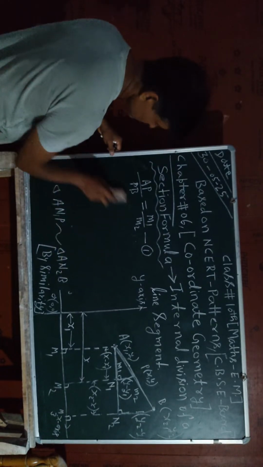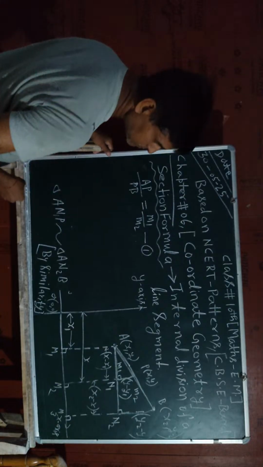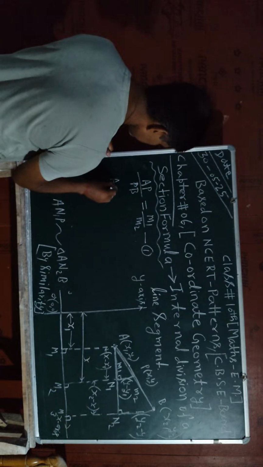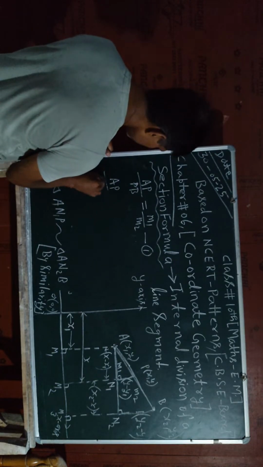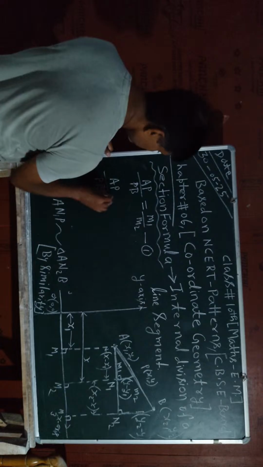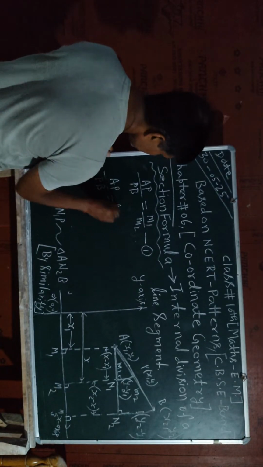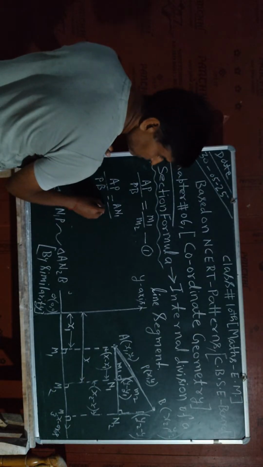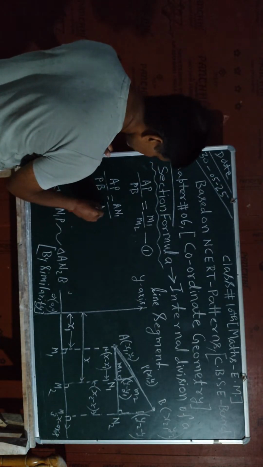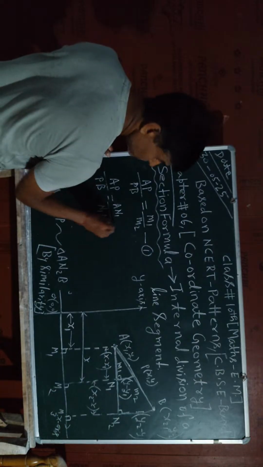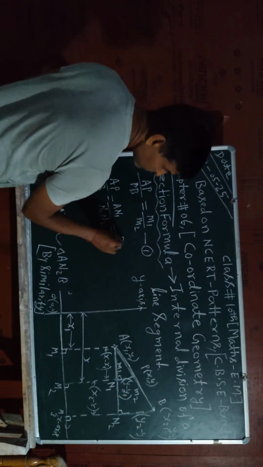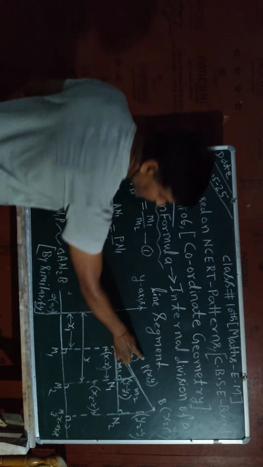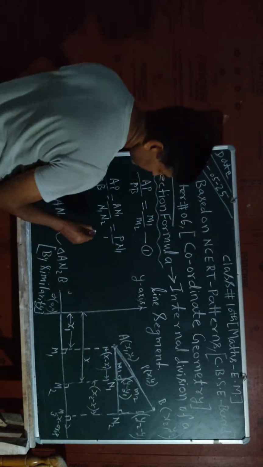So according to similarity, I write AP divided by PB, which is equal to AN1 divided by N1N2, which is equal to PN1 divided by BN2.